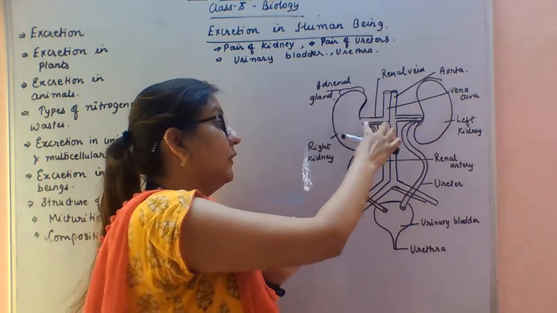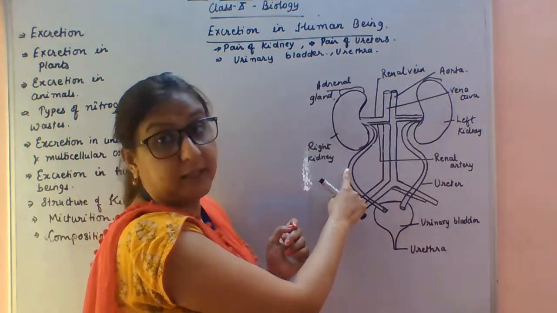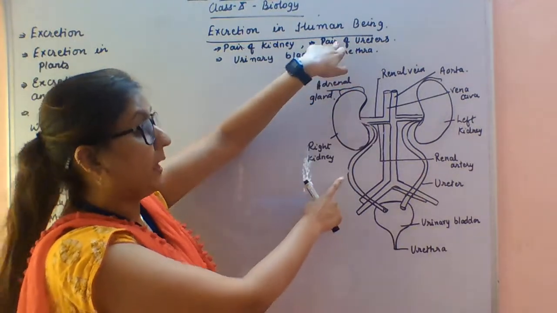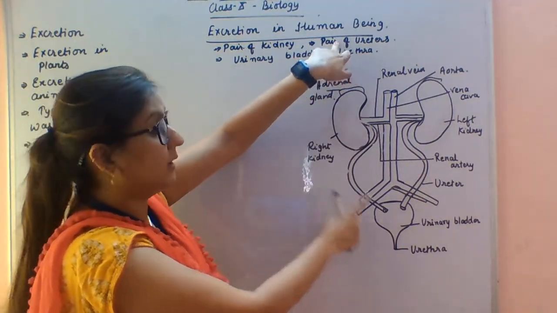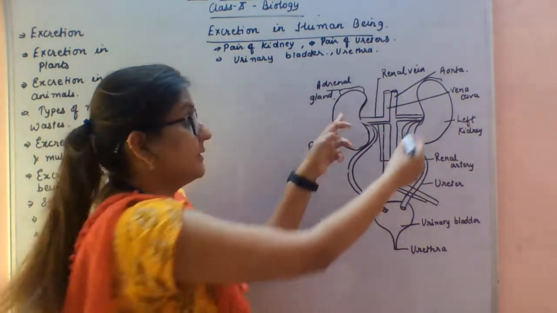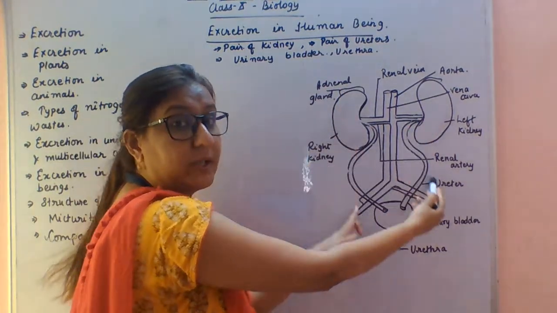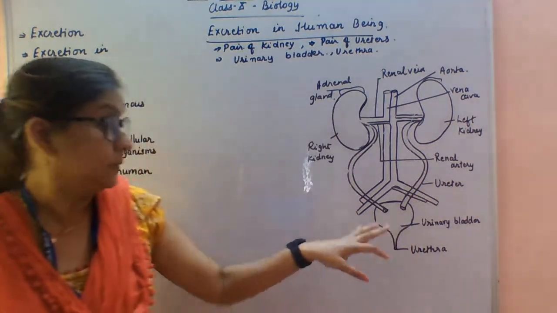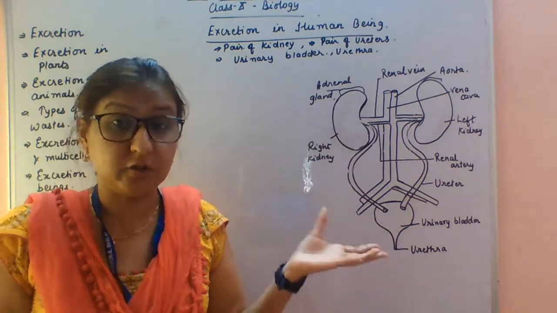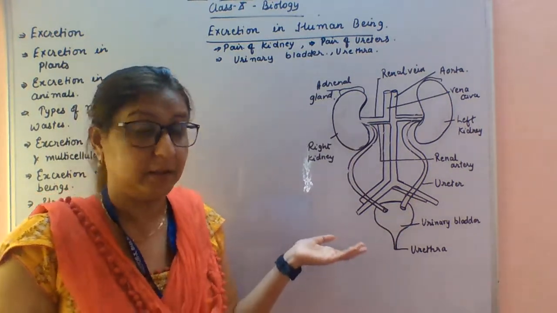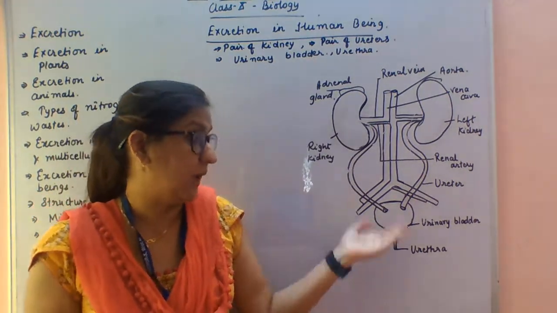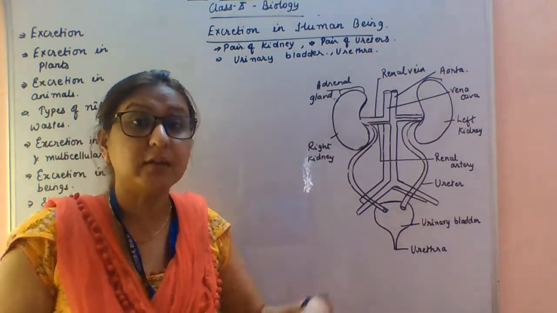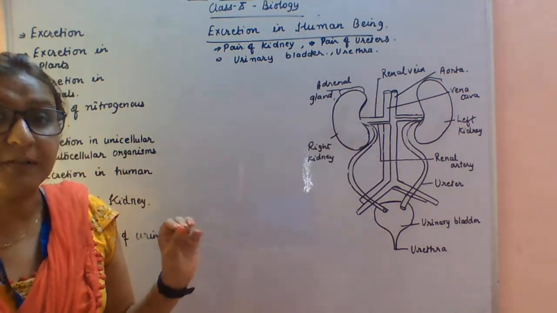Urine drains through a pair of ureters from the pair of kidneys, and from the ureters it reaches the urinary bladder. The urinary bladder stores the urine temporarily, and after that the urine is excreted out through the urethra. So this is the excretory system in human beings.